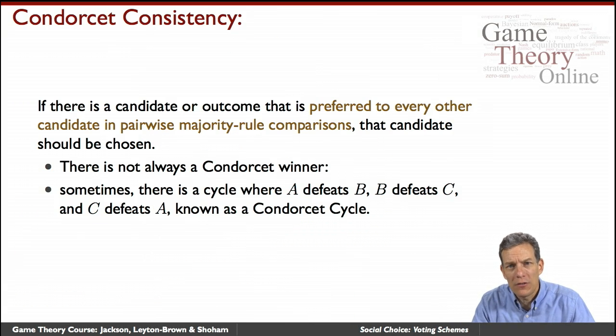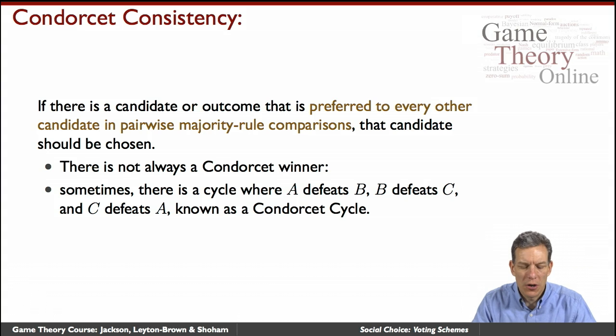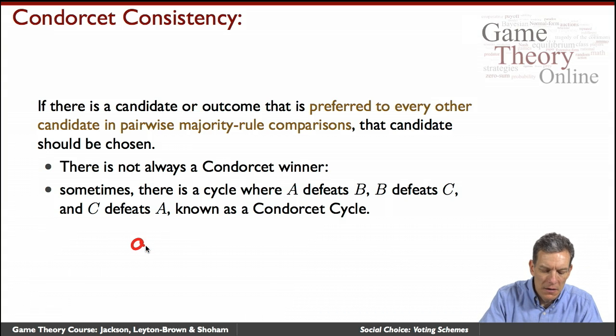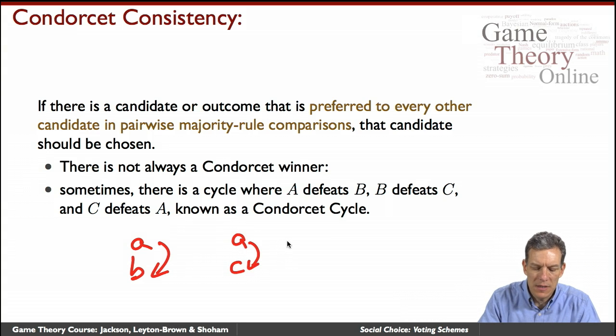Now, one important concept that we'll be talking about a little bit in the future is what's known as Condorcet consistency. Marquis de Condorcet defined this centuries ago. The idea here is looking for a candidate that beats every other one in a pairwise majority. So if we've got A versus B, A is preferred to B by a majority. And A versus C, A is preferred to C by a majority.